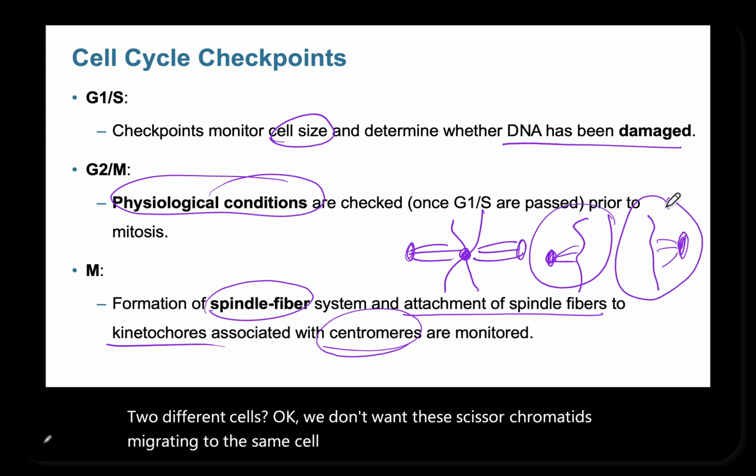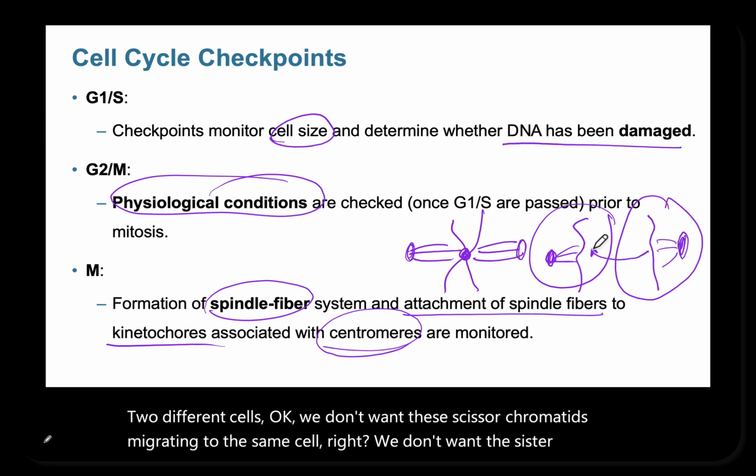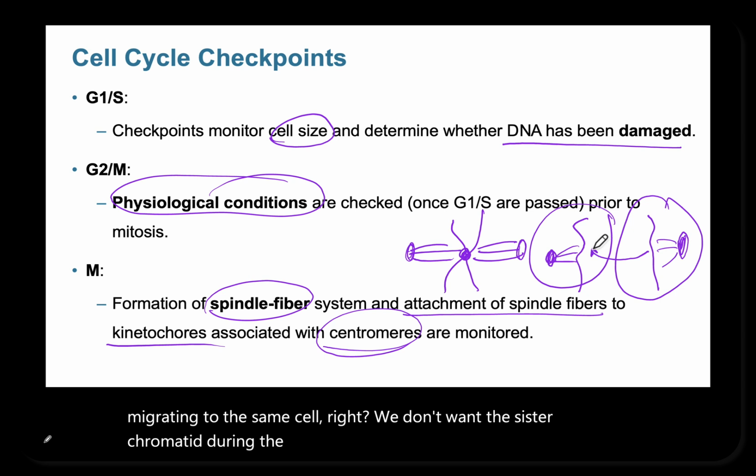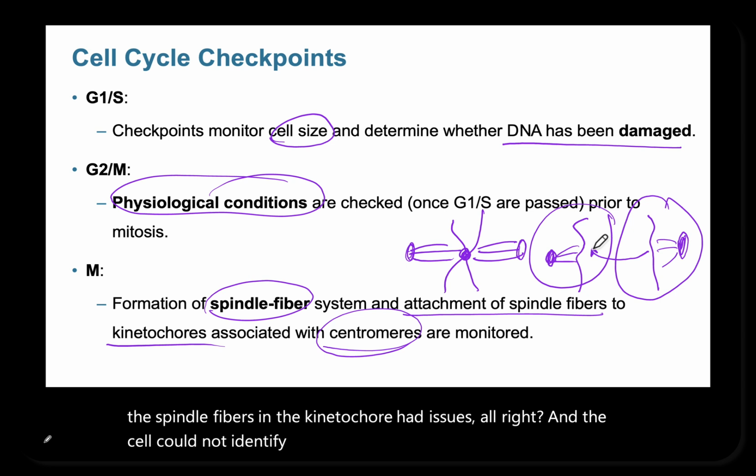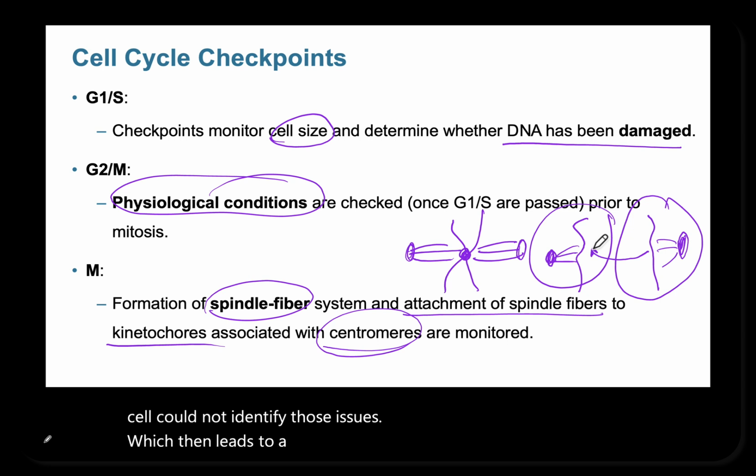We don't want the sister chromatids during the division to be together, because that means the spindle fibers in the kinetochore had issues, all right? And the cell could not identify those issues, which then leads to a mutation in that cell.